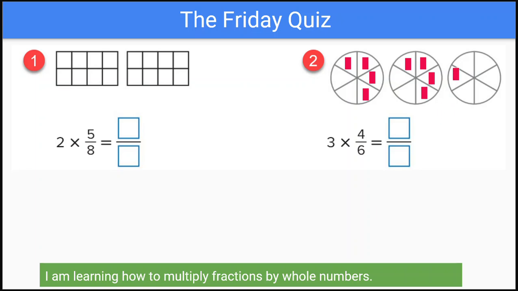We did it twice. 1, 2, 3, 4/6. We did it 3 times, right? So 3 times 4/6. Well, how many sixths do we have up here? 1, 2, 3, 4, 5, 6, 7, 8, 9, 10, 11, 12. Okay, so we got 12 sixths.